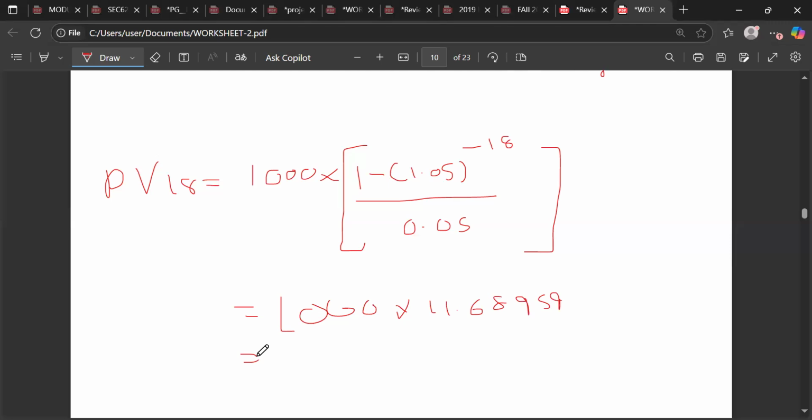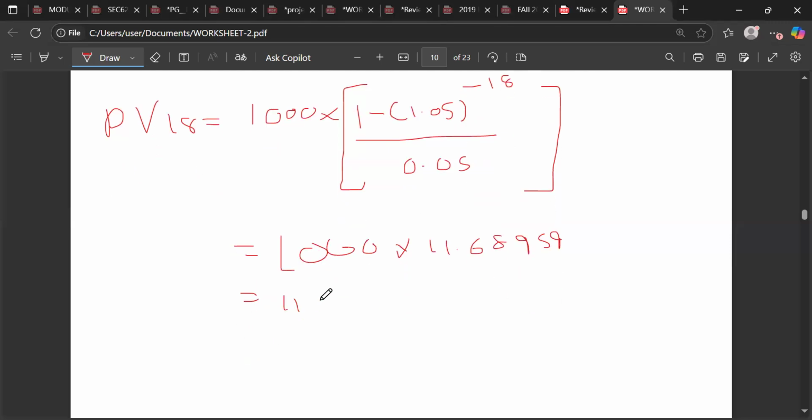Now times 1,000, this will give us 11,689.59 as the present value in year 18.